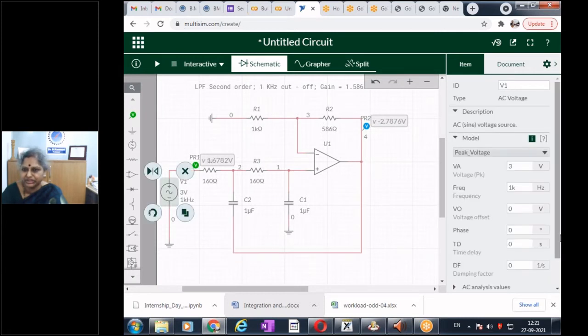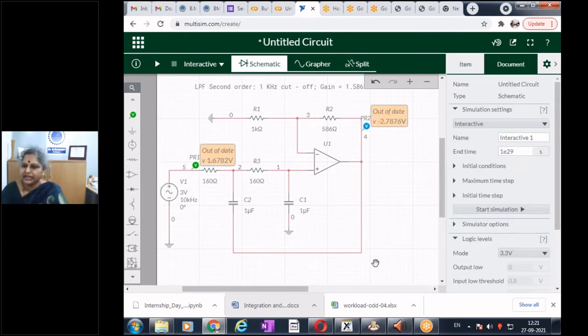Now let us go back to our circuit and let us change my input frequency to 10 kilohertz. Please change it to 10 kilohertz. Run it and share the output with me. Please share the output on WhatsApp. Then I will know that you are also doing the circuit. I'm just keeping the same circuit. My input is 10 kilohertz now.